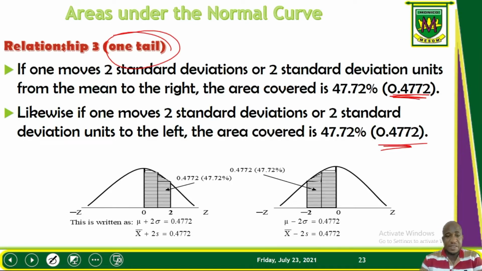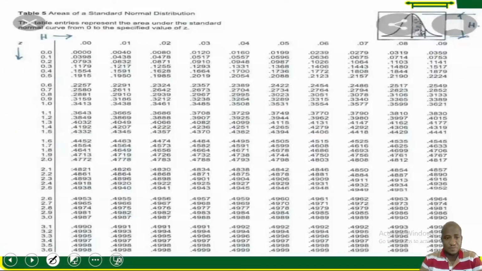If it is more than that, I will explain later. So now let's go to the table. Remember I said when it is just 2 standard deviation units, I mean 2 decimal places or 1 decimal place, you can get it immediately under the 0.00.